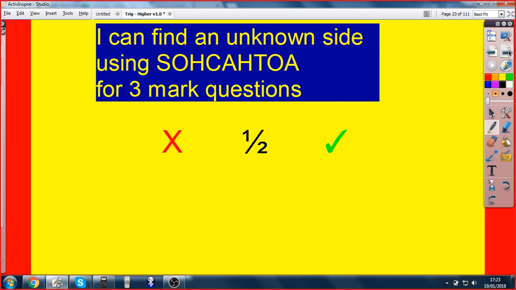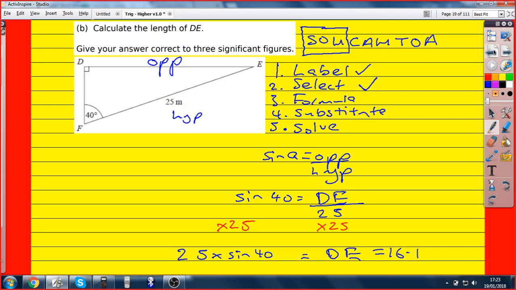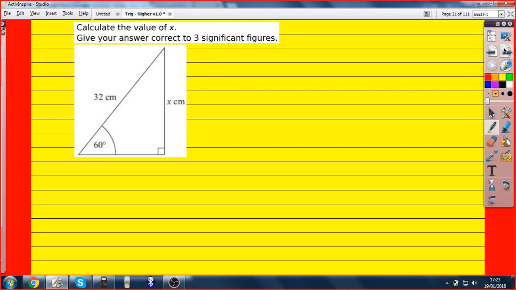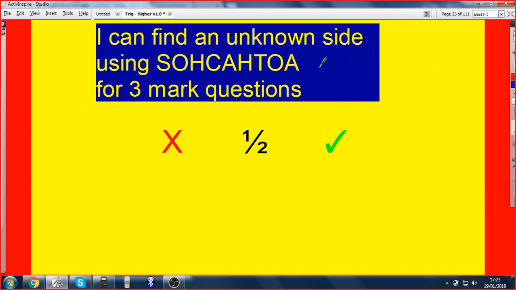These will be similar. Let me just see. That's the opposite. Straightforward enough. Okay, 3 marks. SOHCAHTOA, finding an unknown side. Half or tick? Probably a tick. Okay.